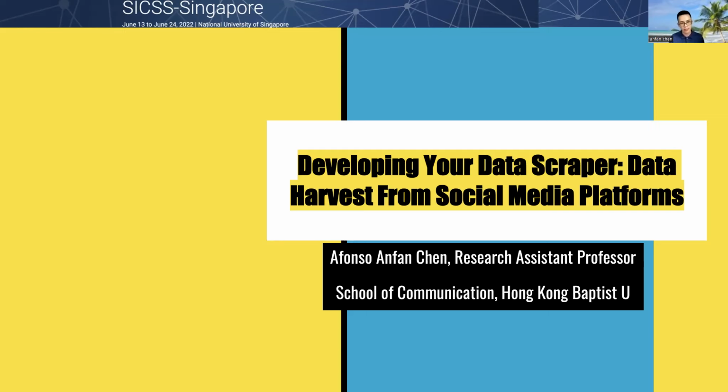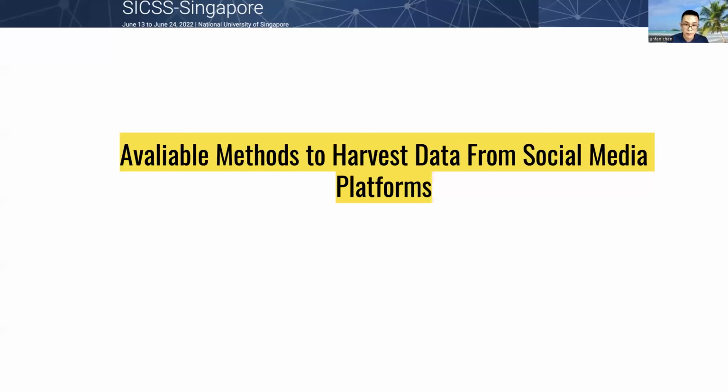Social media harvesting is a way to collect data from social media platforms in an unobtrusive and automatic way. By employing simple programming tools, researchers can extract relevant messages and information from social media platforms for multiple research purposes. That is the background of this workshop.